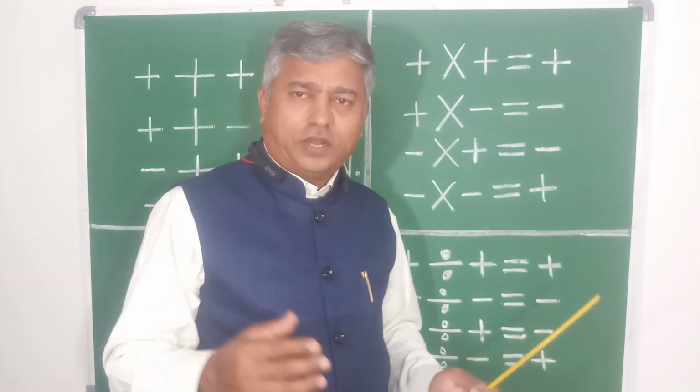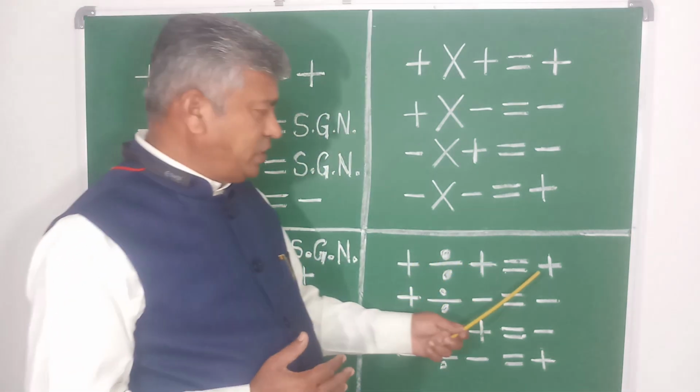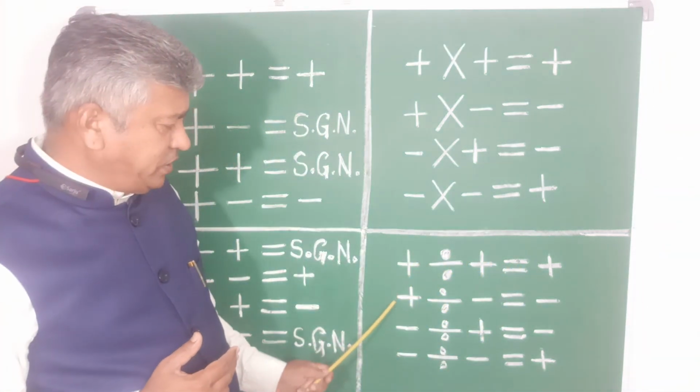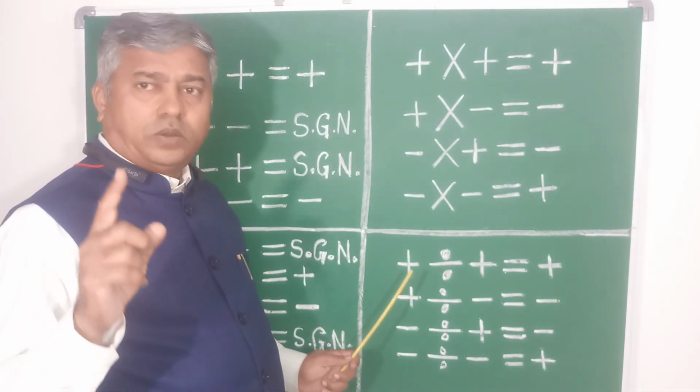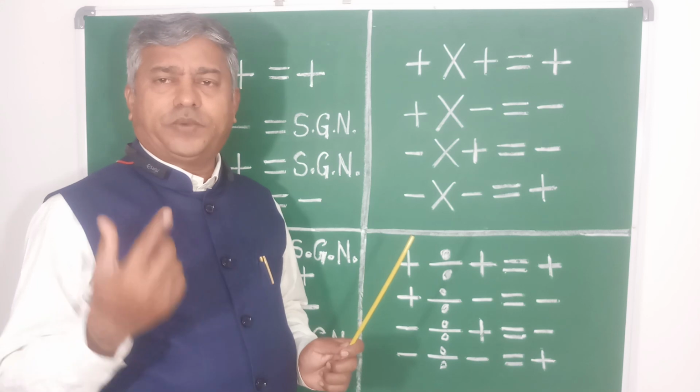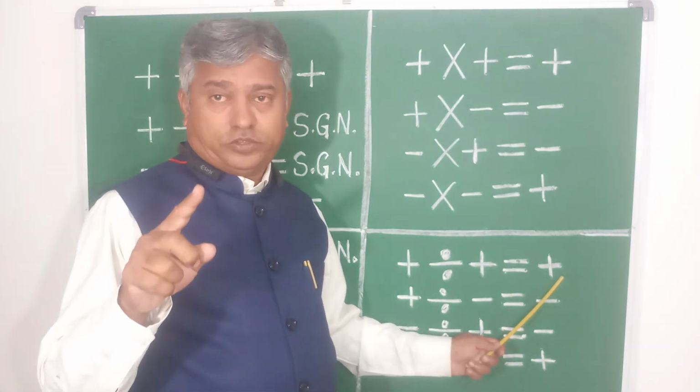Okay, see here once again, let us have a look at this. First, the positive number divided by positive number, then we get the positive sign.